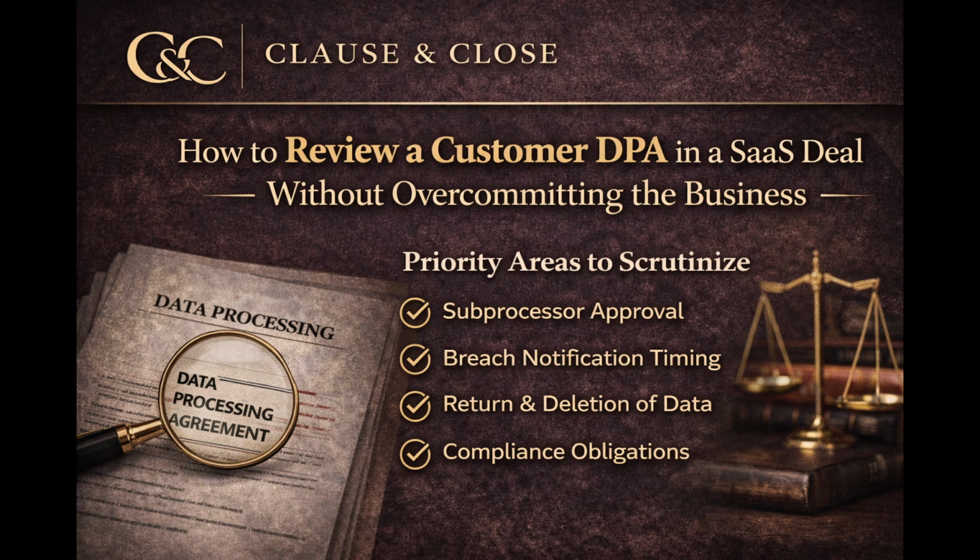For example, if the customer requires data to remain exclusively in one territory, the question is not whether that sounds privacy friendly. The question is whether the product, support, logging, backup, and engineering access model can actually support that promise.